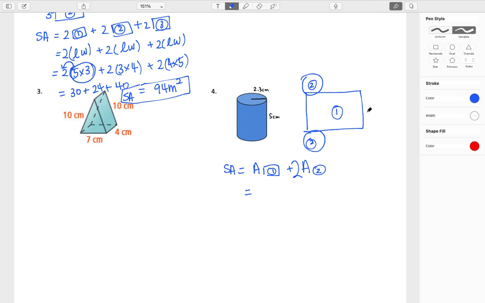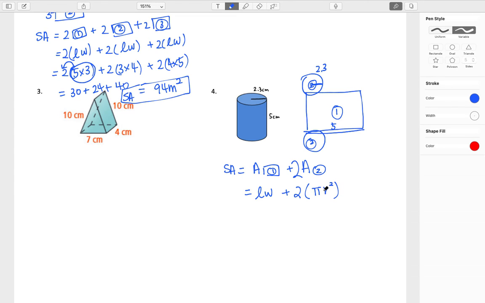So for the rectangle, let's label. It looks like this length is 5, and then we know that the radius is 2.3. So it's going to be length times width plus 2 times pi r squared.